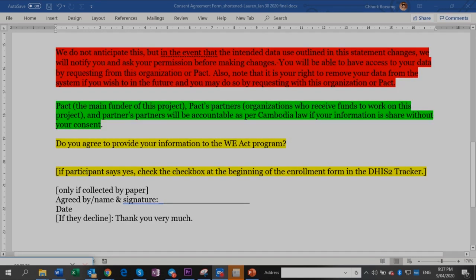And for the next color, the green color, if in the future, for example, one of our beneficiaries is no longer willing to share their personal data with us, they can inform us so that ACT or the grantee can remove their data from our system.